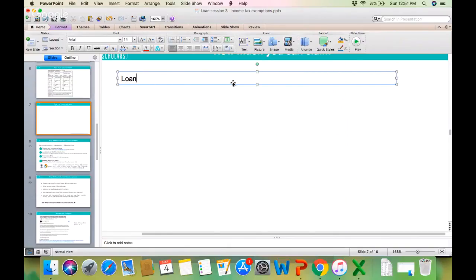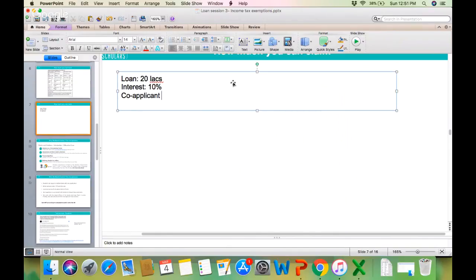Loan 20 lakhs. Interest, I'm just taking an example figure, guys, so let's say interest is 10%. Co-applicant income tax bracket, let's say 30%.